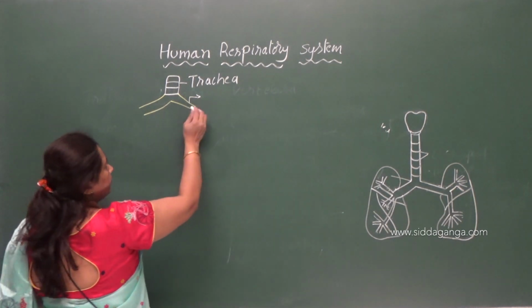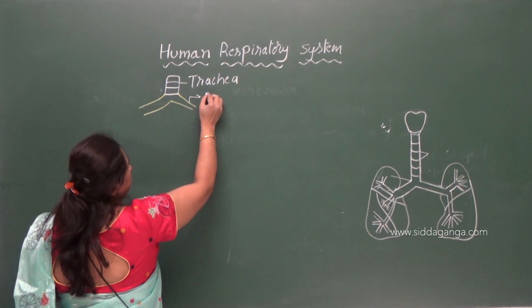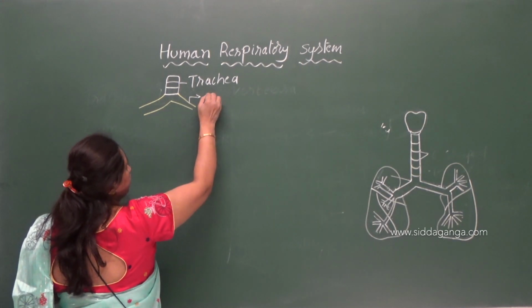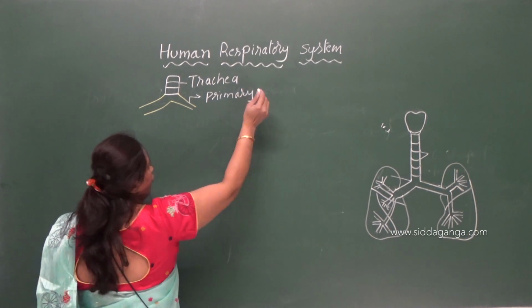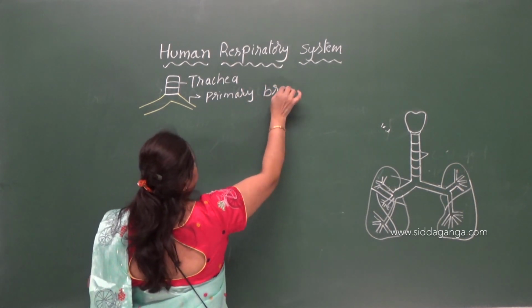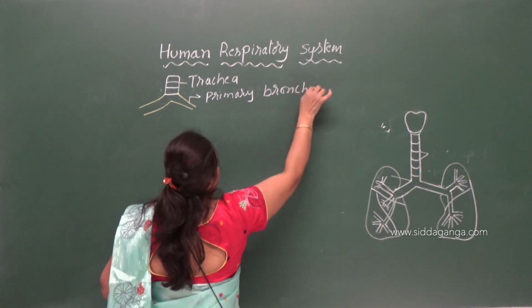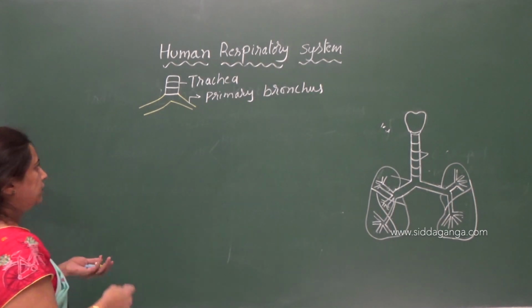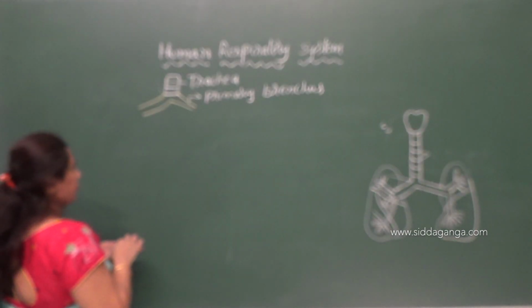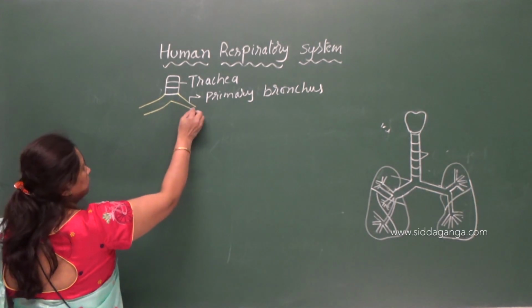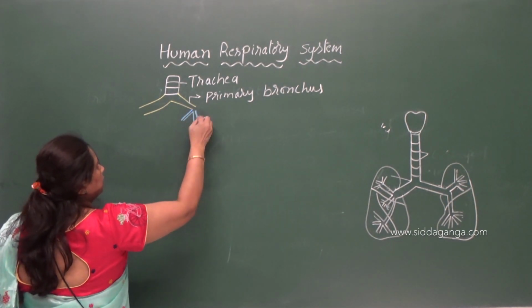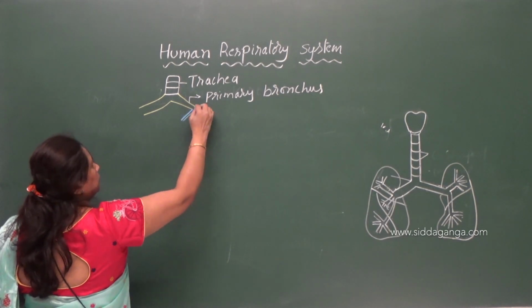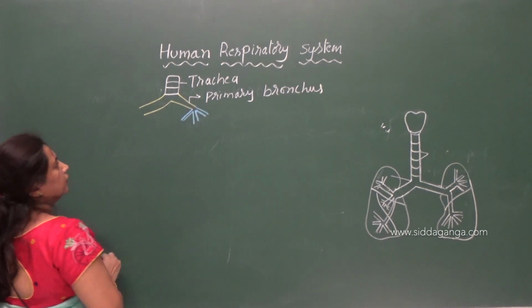So I am labeling only one branch, so I write here primary bronchus. Each primary bronchus in turn divides. Okay.